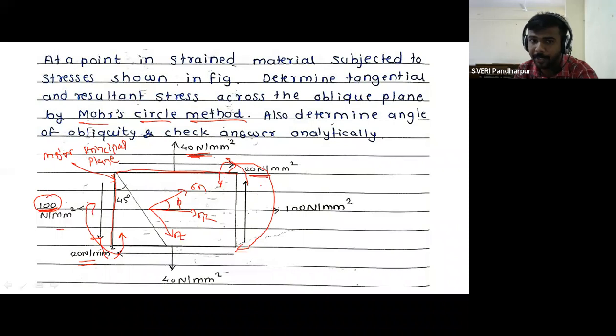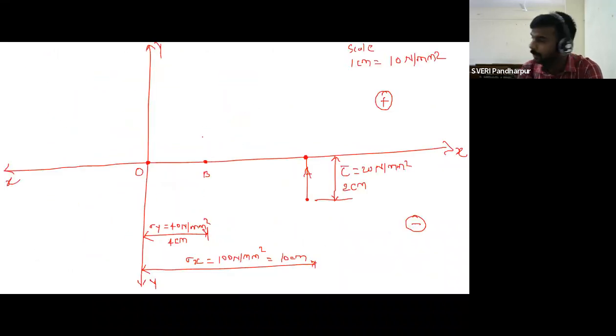Therefore from point B, how to draw? It is represented in the positive region. So this is positive region point. Draw one vertical line like this, and this is your tau. So tau is equal to 20 Newton per mm square, which is equal to 2 centimeter. So these 2 points you got, correct?